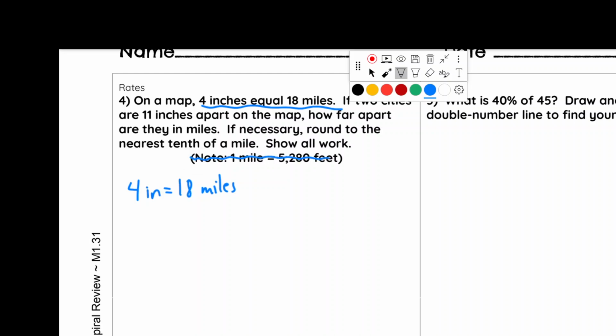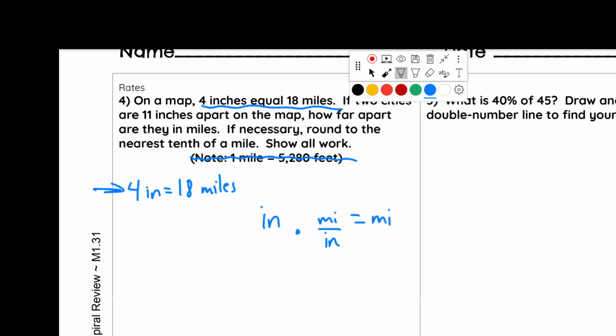Again, this information is just a distraction. So I've got 4 inches equals 18 miles. They are 11 inches apart, so I'm going to start with inches, and I want to end with miles. I have a conversion rate right here, 4 inches to 18 miles, miles and inches.